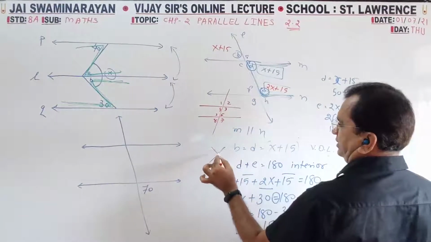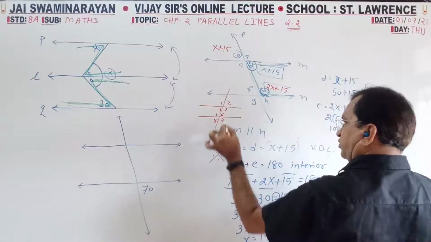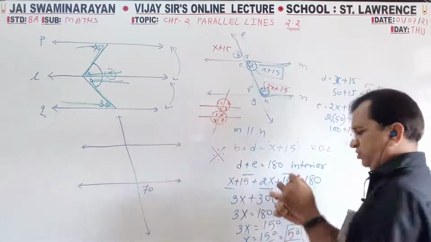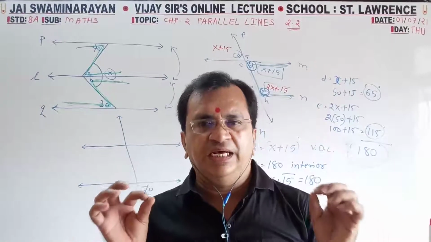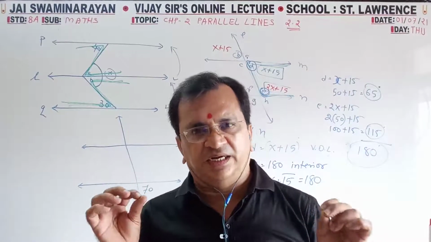When two lines intersect, 1, 2, 3, 4. So 1, 2, 3, 4, 1, 2, 3, 4. Total 8 angles are there.